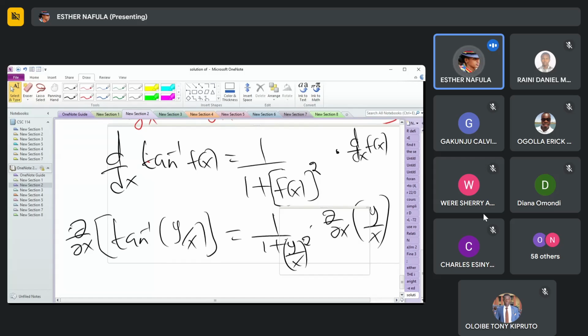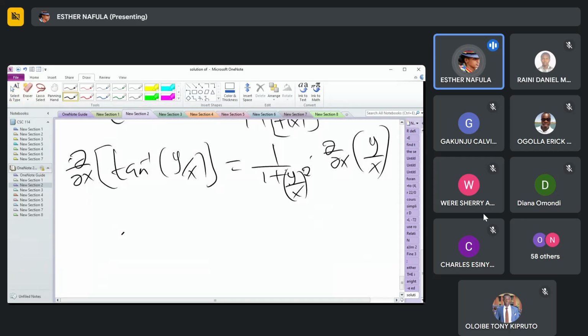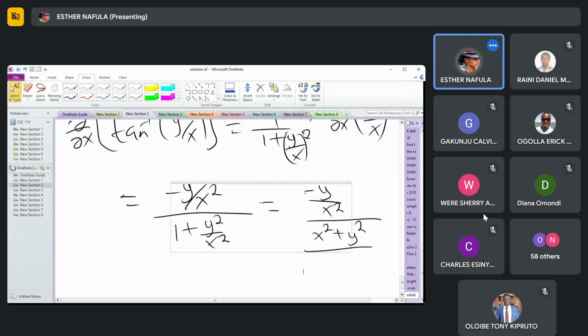So you factor out y, differentiate 1 over x with respect to x, you get minus 1 over x squared. So this will give us minus y over x squared divided by 1 plus y squared over x squared. If we combine everything in the denominator so that we have a common denominator, we have minus y over x squared divided by x squared plus y squared over x squared.